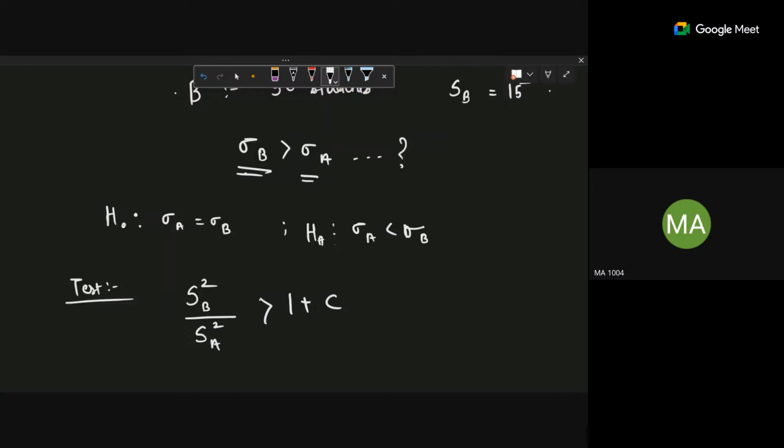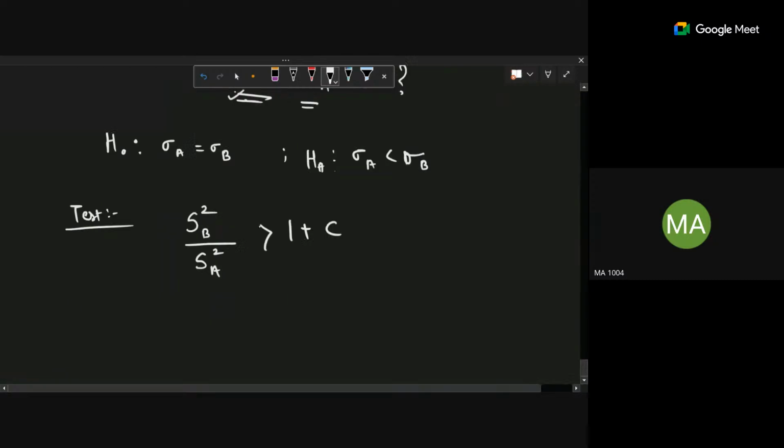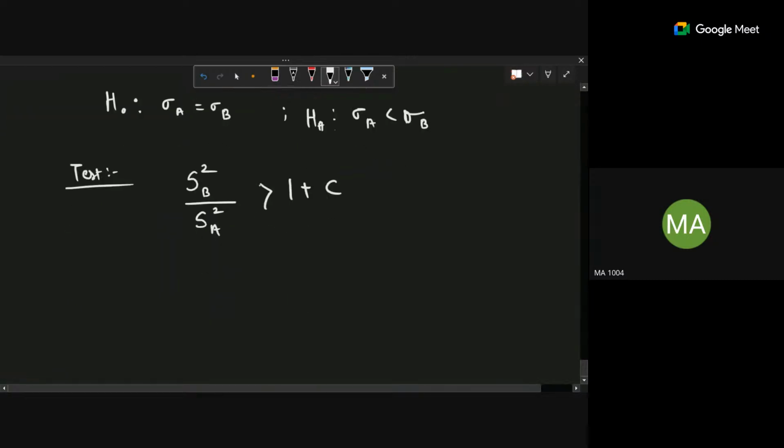It was about whether the variance of class B is greater than that of A or not. So I took it like that. And what significance level have they asked us? It was 0.05, right?